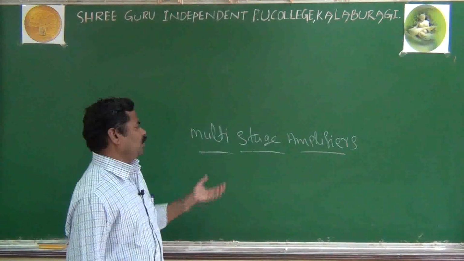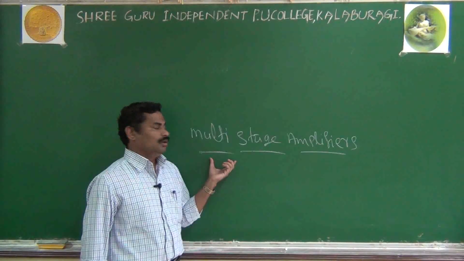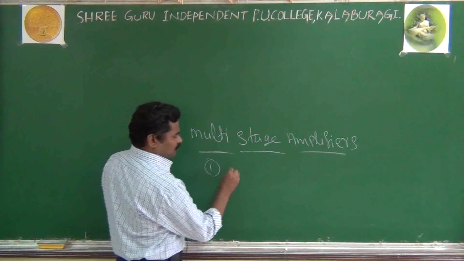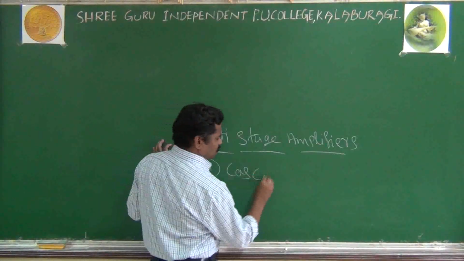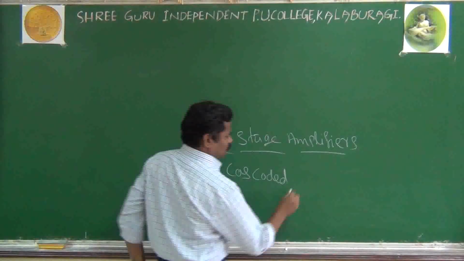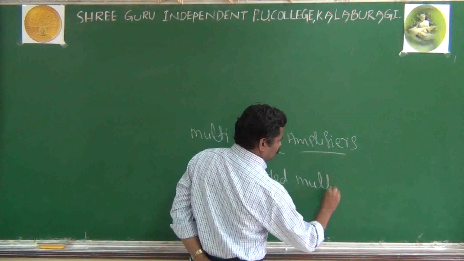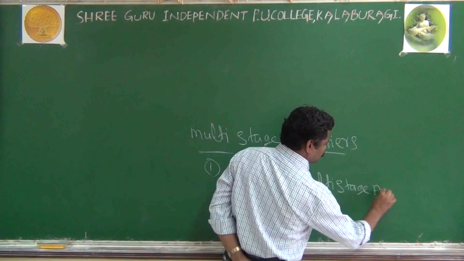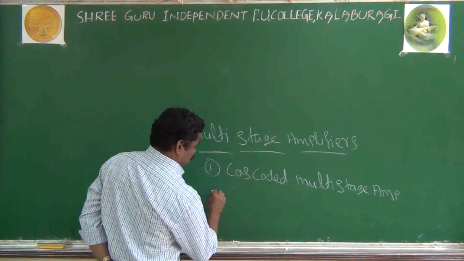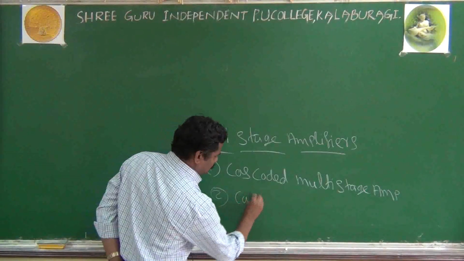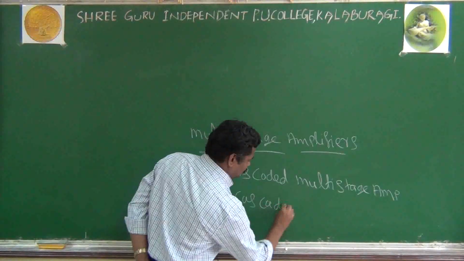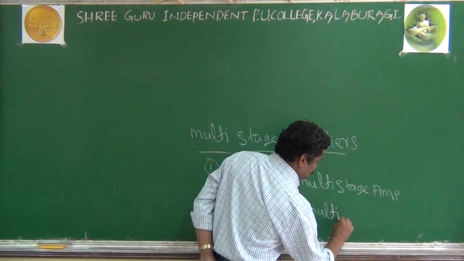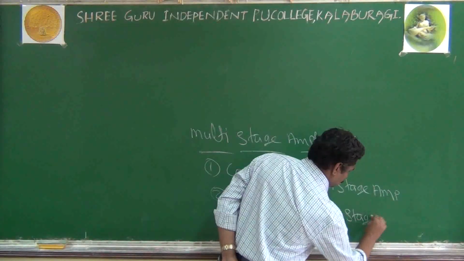In multi-stage amplifiers, there are two types. One is called cascode multi-stage amplifier, and another is called cascade multi-stage amplifier.